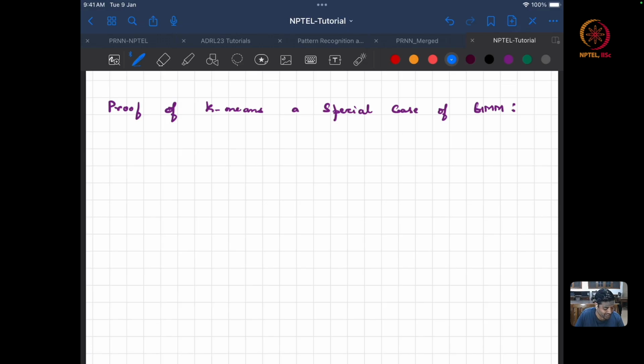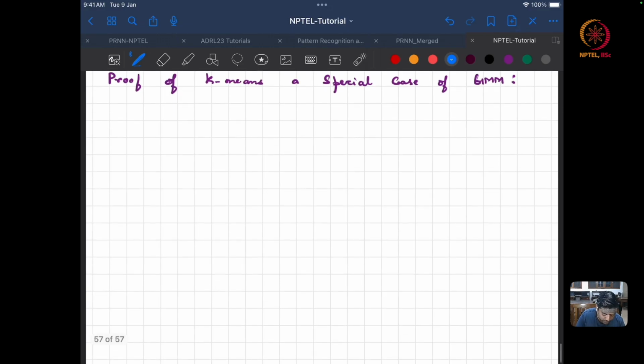Now assume that you have M Gaussians. So assume that the covariance of the kth Gaussian is sigma square I. It's an identity matrix in which only the diagonal elements have the value sigma square.